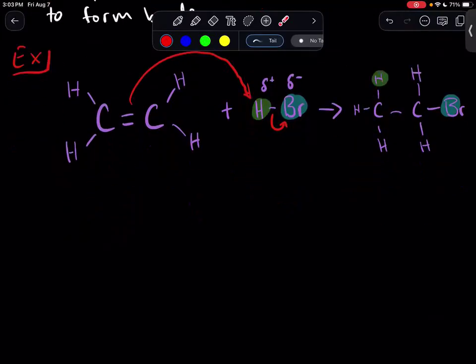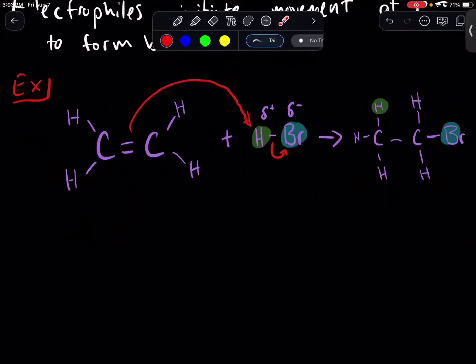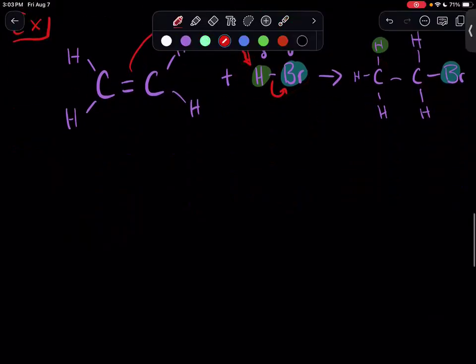So that is a little bit of how electrophilic addition occurs. And you'll notice this is addition because we are adding both of these onto our molecule. That's where we get the name. So let's continue forward with another example.